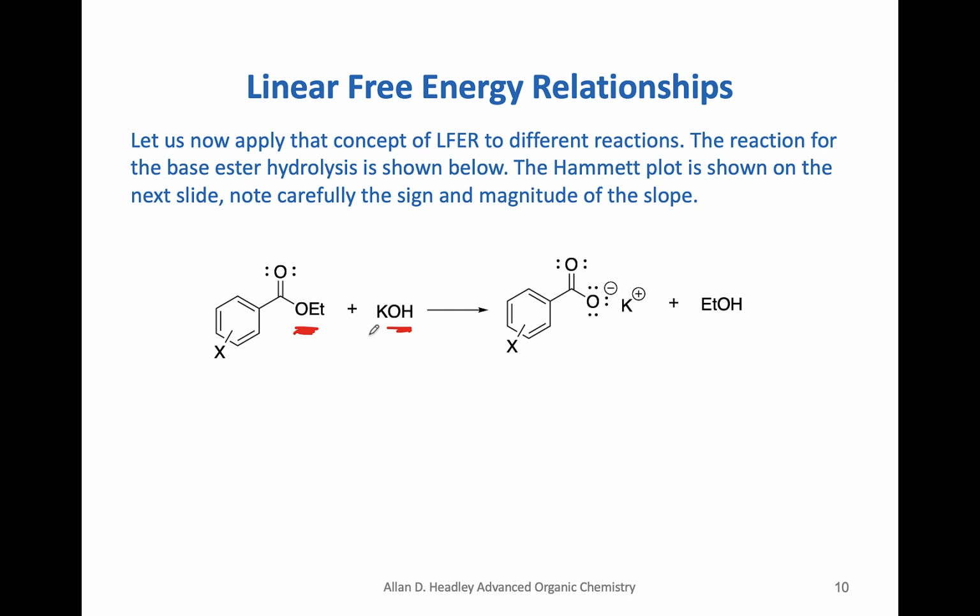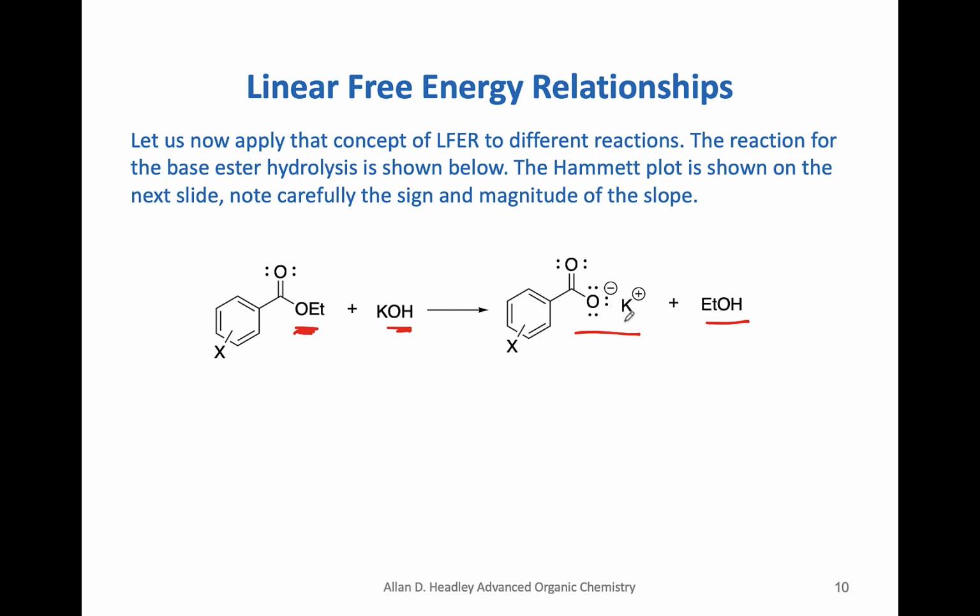It's a hydrolysis, so as you can imagine, this comes in here and this comes out to get ethanol and of course the carboxylate salt. So let us see if we can determine the mechanism of this reaction if given experimental results. Key here again is, if given experimental information, can we determine the mechanism of this reaction?